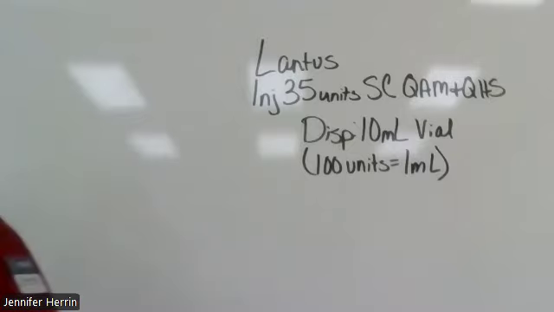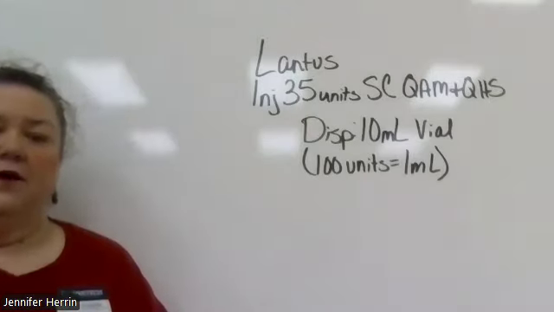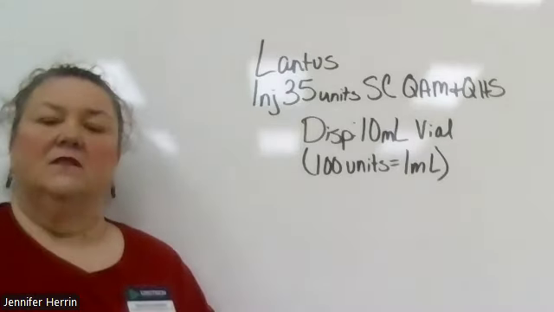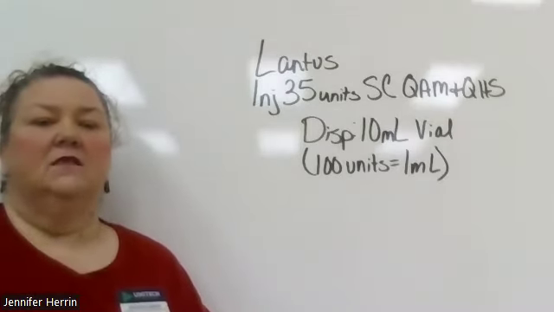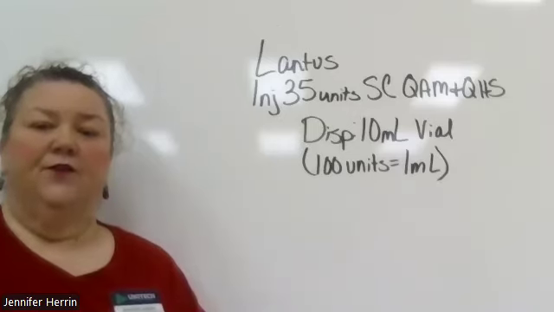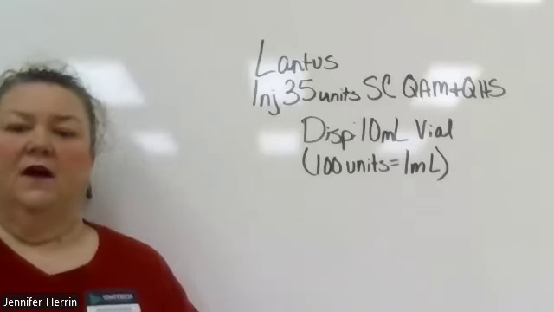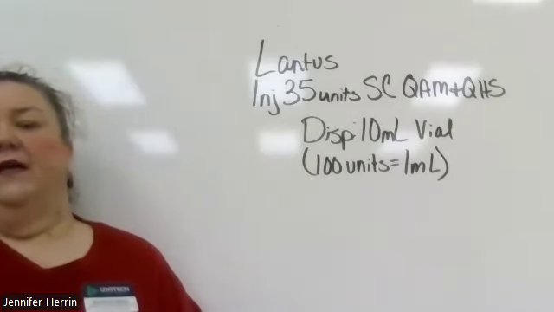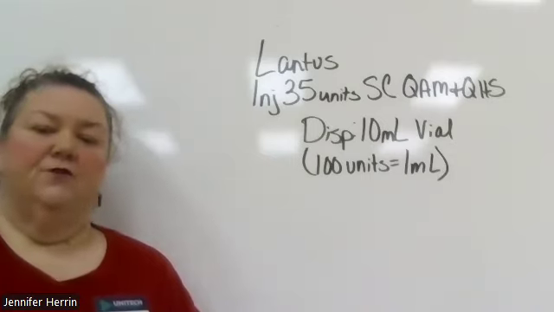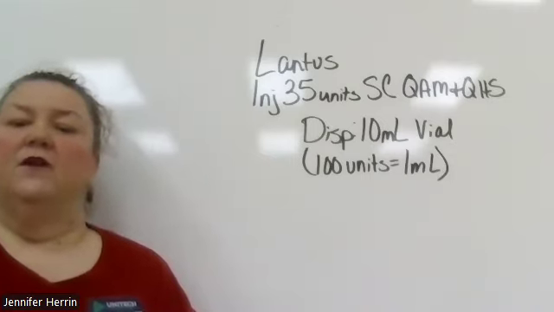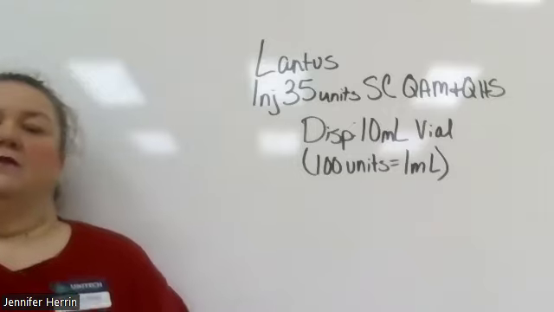And let's look at how calculating day supply works when we're talking about an injectable such as an insulin. So we have an order here that calls for Lantus, and the directions say to inject 35 units subcutaneously every morning and every night at bedtime. We are dispensing a 10 milliliter vial, and there's a notation there just to remind you that each milliliter contains 100 units.